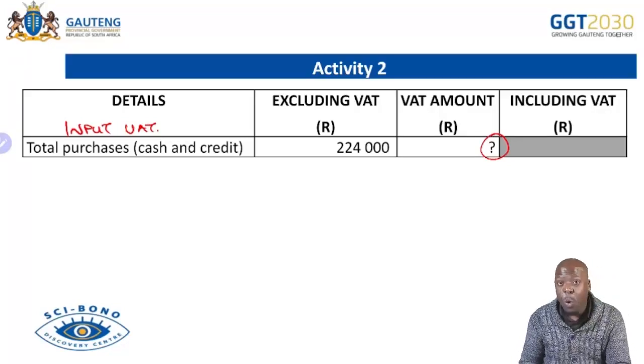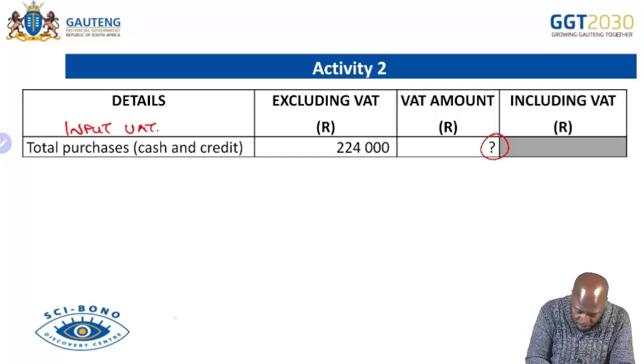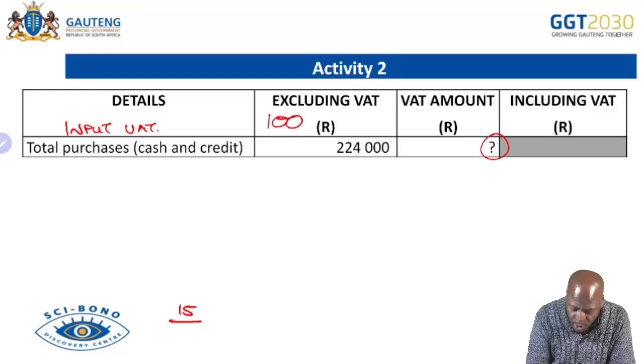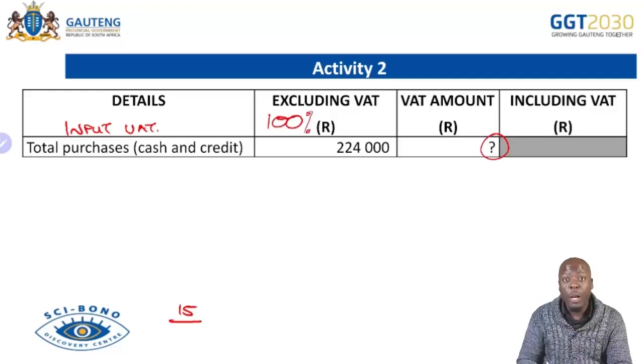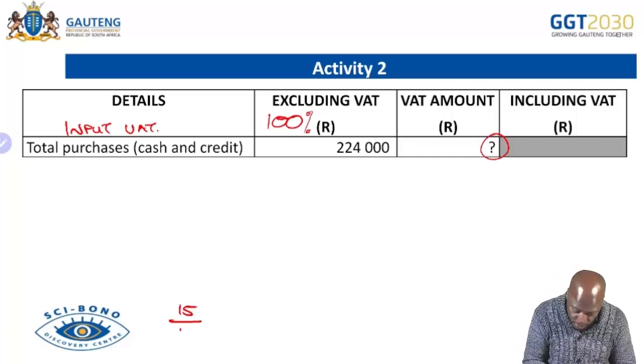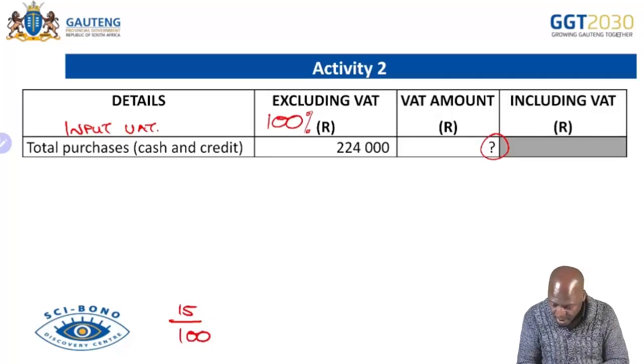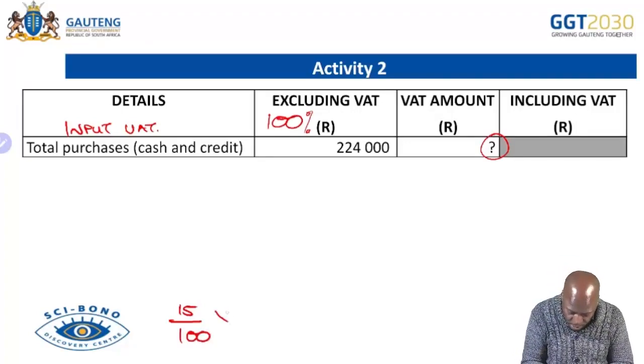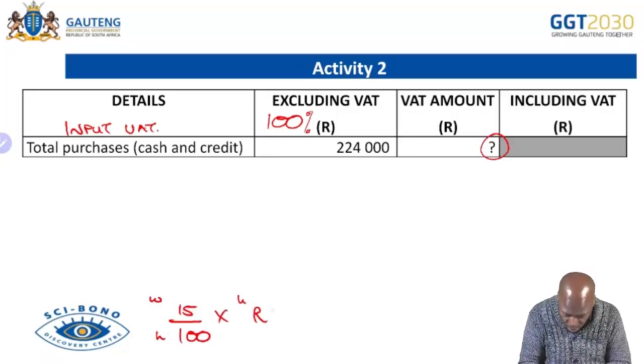Someone tell me, what is it that we want? We want 15. What do we have? Excluding. Excluding is 100%. What we want is 15, and what we have is 100. Am I together with you? And then remember, want, have, and your have must also have the rent amount, 224,000.